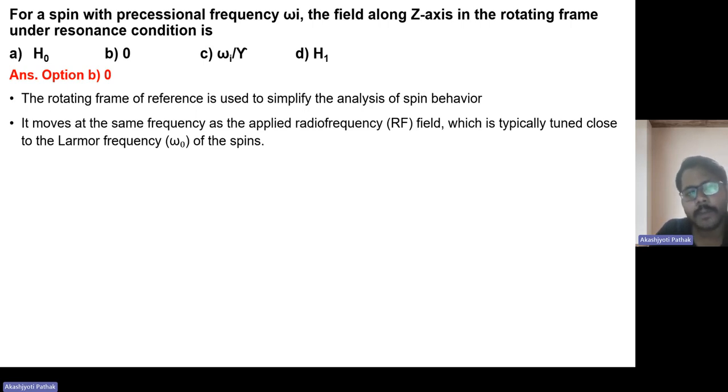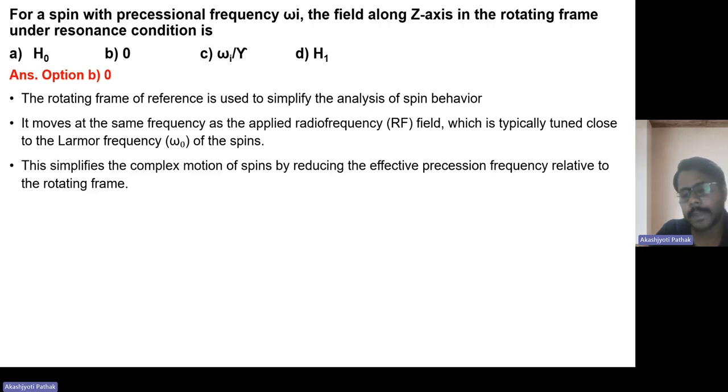This rotating frame moves at the same frequency as the applied radio frequency field, which is typically tuned close to the Larmor frequency of the nuclear spins. So this simplifies the complex motion of spins by reducing the effective precession frequency relative to the rotating frame.